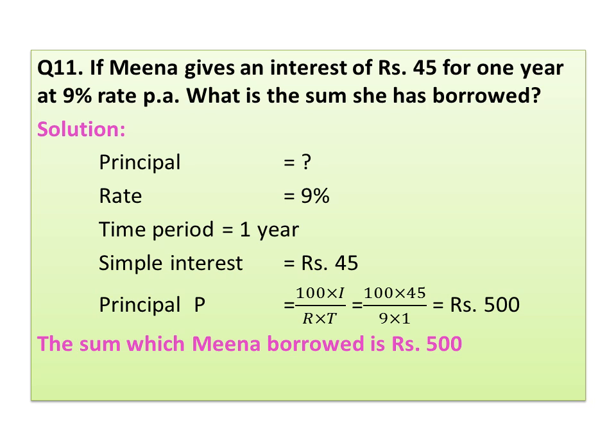So 100 multiplied by 45 upon 9 into 1. After this calculation, how can we cancel? 9 ones are 9, 9 fives are 45. So 5 hundreds are 500. So the sum which Meena borrowed is rupees 500.